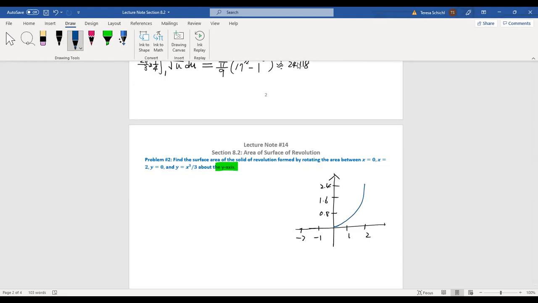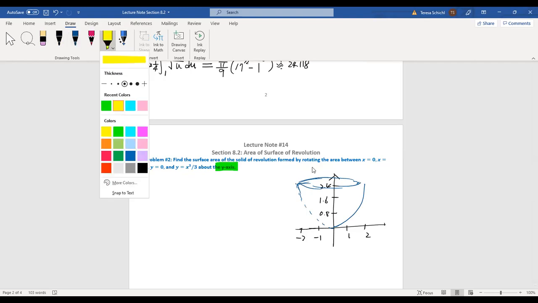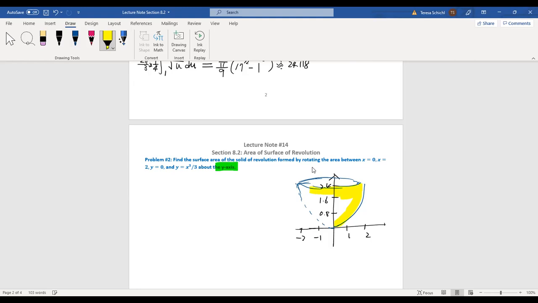Okay, so now what I'm doing is I'm rotating along the y-axis. So that means your function is now rotating along here. So here you will get a solid like this, right? So that means I'm looking for the surface area of this solid, rotating along the y-axis, right?